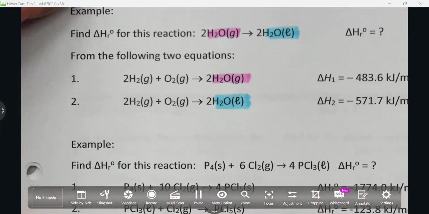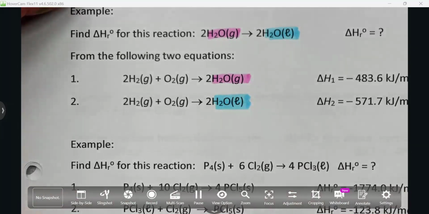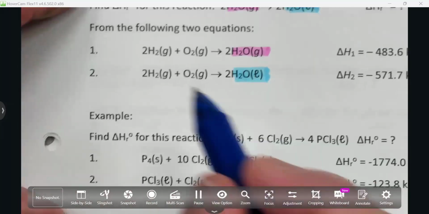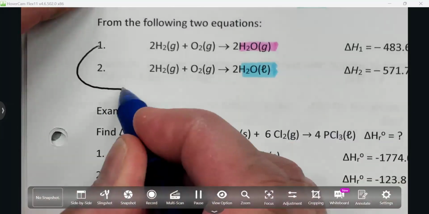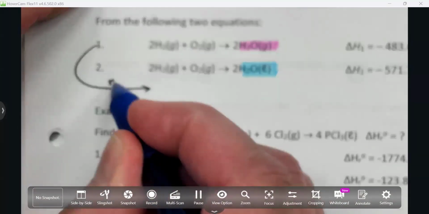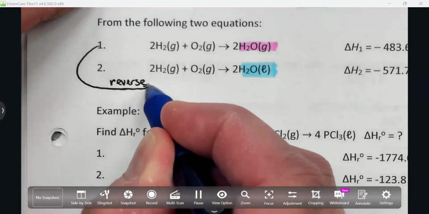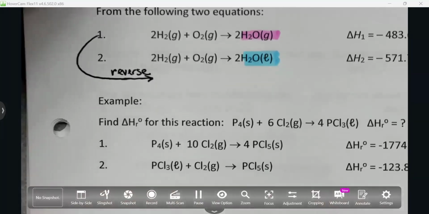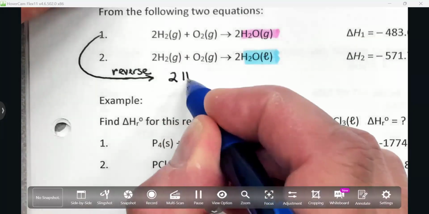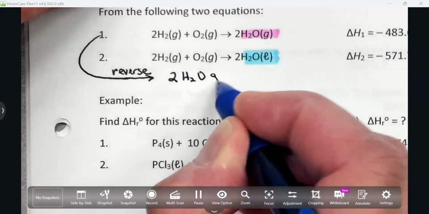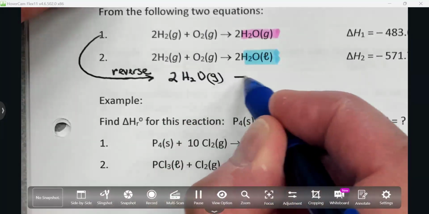So I'm going to bring number 1 down, and I'm simply going to reverse it. If I reverse number 1, I end up with 2 H2O gas now as a reactant.